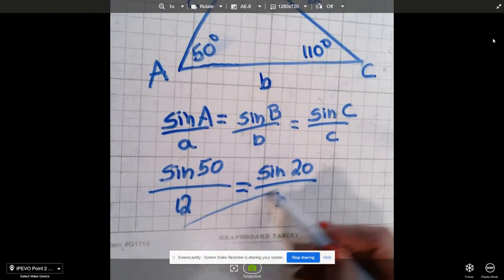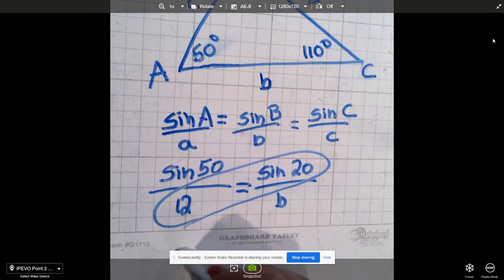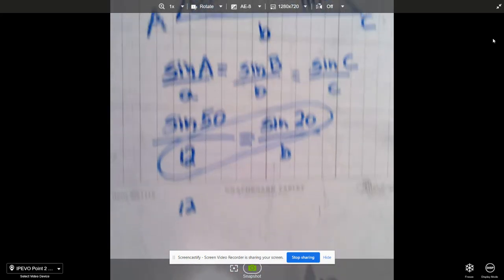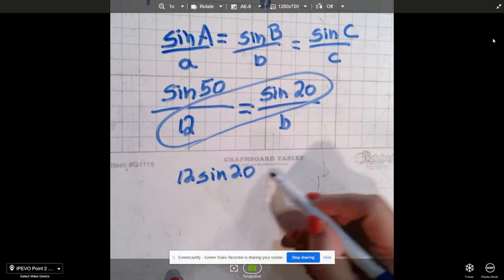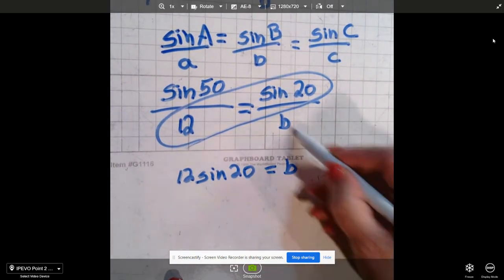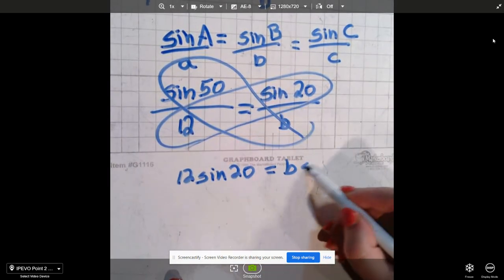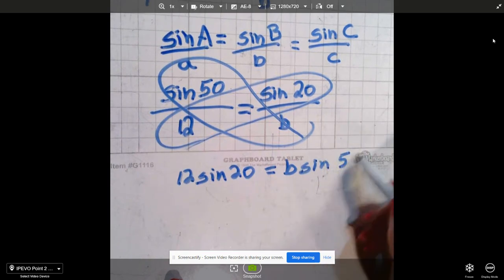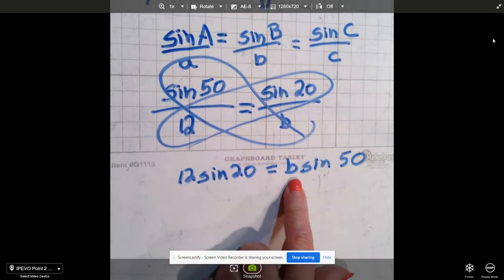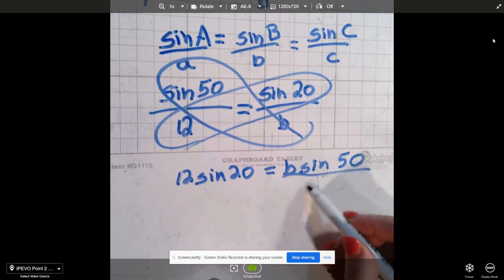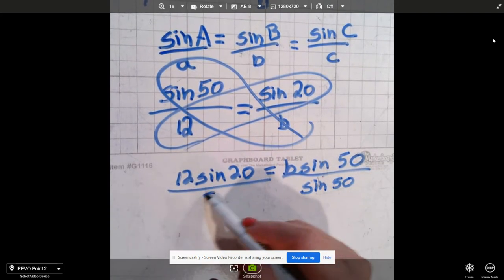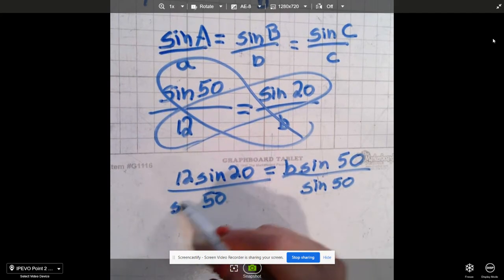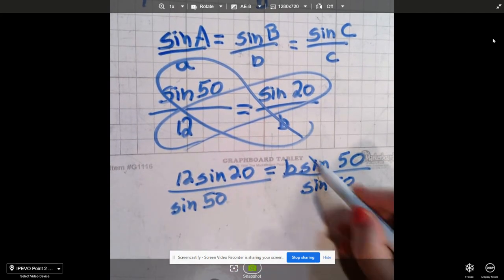So I can cross multiply and say 12 times the sine of 20 equals B times the sine of 50. And if I want to solve for B, I'm going to divide both sides by the sine of 50. And now I have B alone.